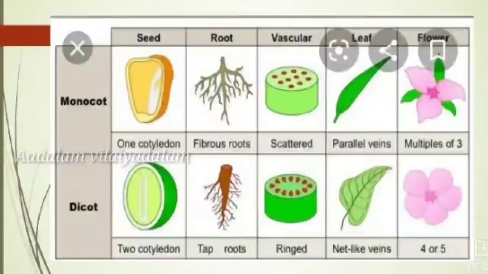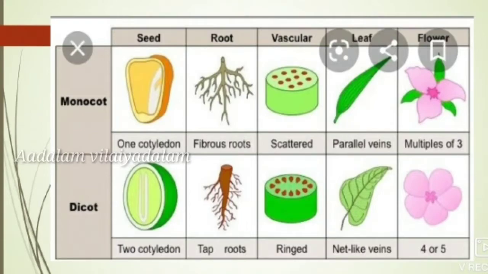In dicotyledon plants the seed has 2 cotyledons, but in monocotyledon plants the seed has only 1 cotyledon. Look at the picture: in dicot the seed has 2 cotyledons and in monocot it has only 1 cotyledon. The root system present in dicotyledon plants is the taproot system, and in monocotyledons fibrous root systems are present.